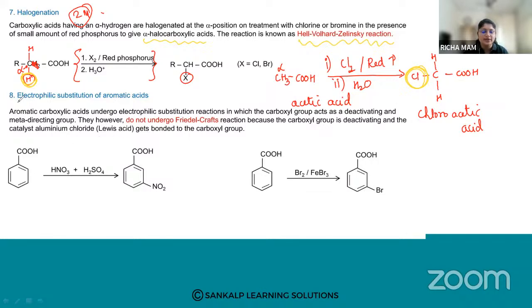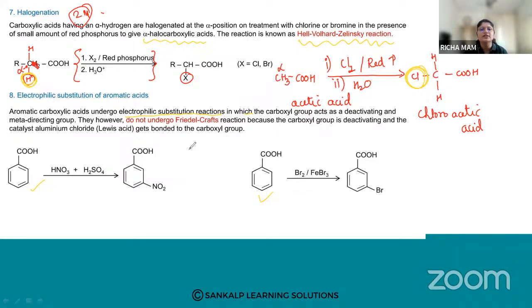Next, ring substitution. Next, we are going to see the ring substitution. Aromatic carboxylic acids undergo electrophilic substitution reactions at the ring.